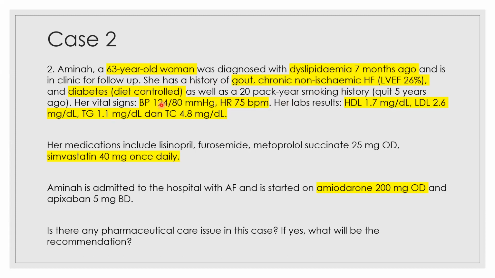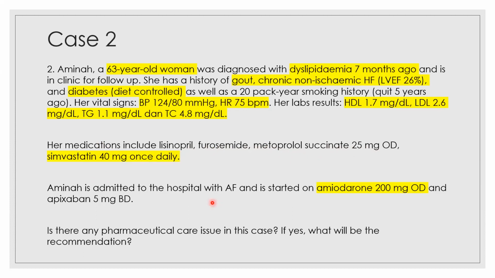Vital signs: BP okay, HDL 1.7 is quite high, LDL 2.6, TG 1.1, TC 4.8. Her medications include lisinopril, furosemide, metoprolol succinate, and simvastatin.